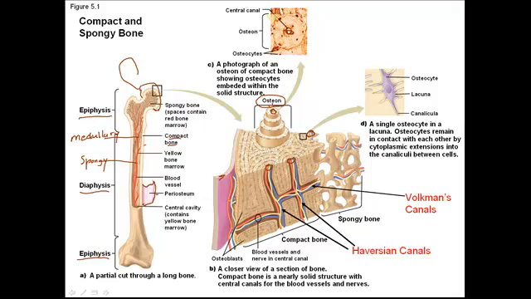Then the next thing is the lamella. These are concentric circles which surround the central canal. Okay, you can see the circles up here. These are like sheets that have been molded into a circle.